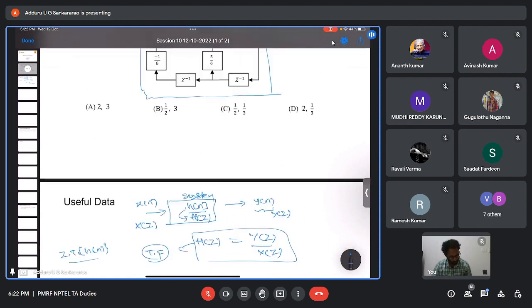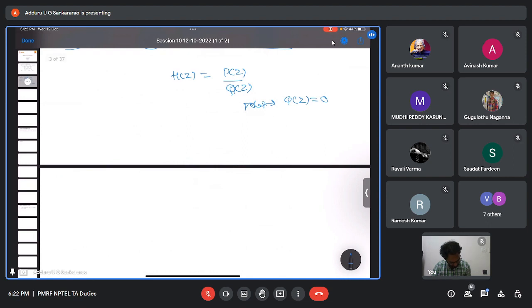Now let us say we have some signal x of n, and it is passing through some system whose transfer function is z inverse. Then the output of this is nothing but a delay. This introduces a delay in the input signal.